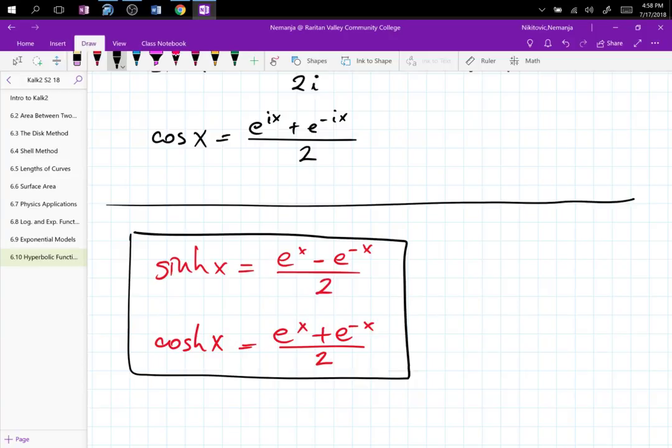However, because the definitions are so close, some of the properties for hyperbolic functions really remind us of the trig functions, and it makes sense to call them sine hyperbolic and cosine hyperbolic, and then the other 4, tangent hyperbolic, cotangent hyperbolic, and so on.